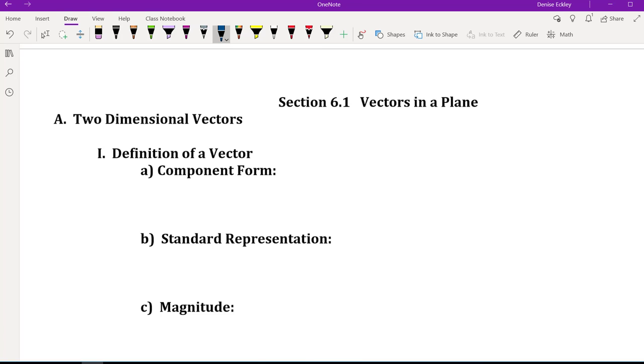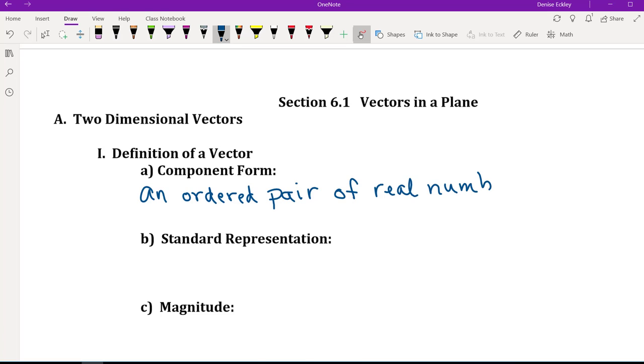It's an ordered pair of real numbers, and it has components A and B.